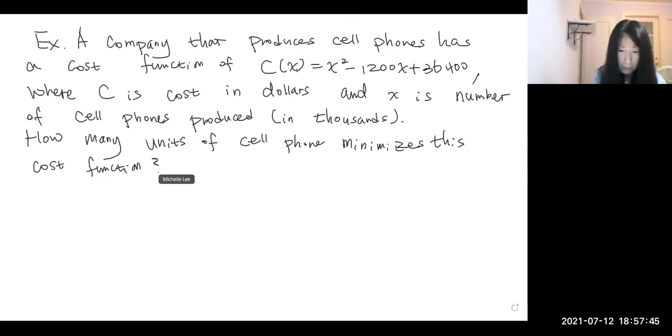Okay, so we have C of x, then we're going to find C prime of x, okay?